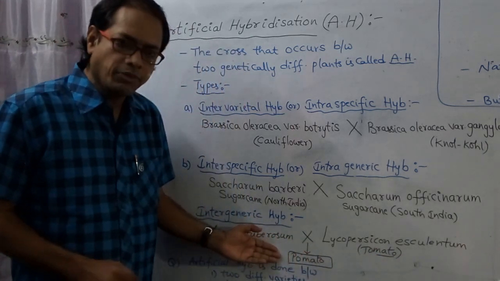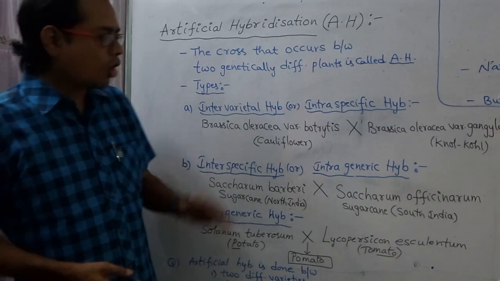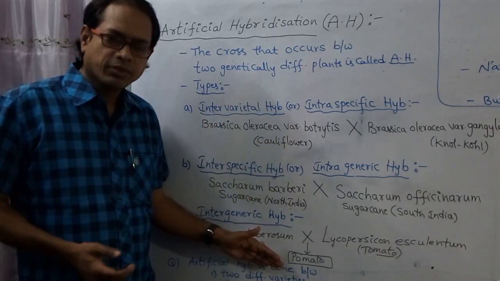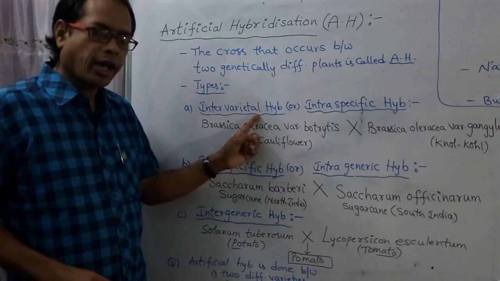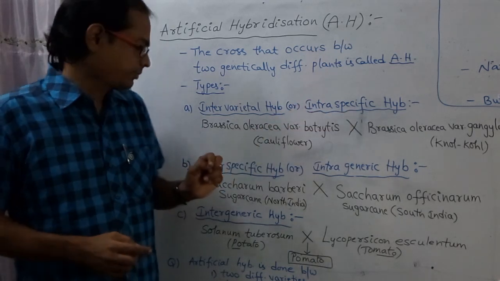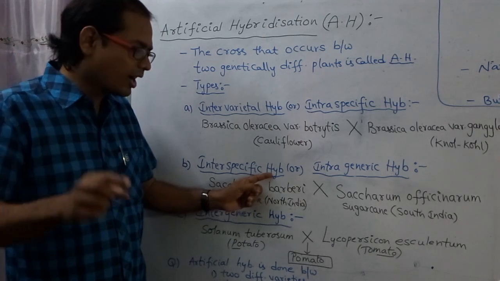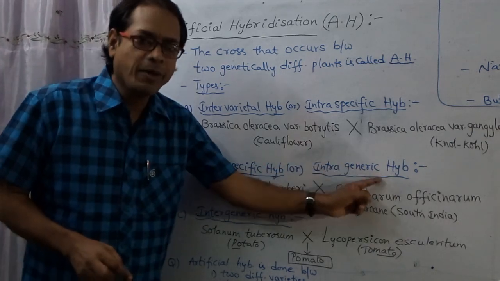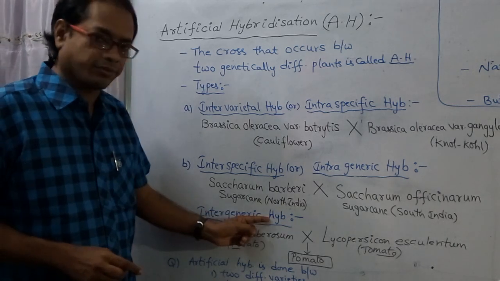The obtained hybrid is called pomato. Of course, it is a failure variety. So how many types of hybridizations are there? Three types. Intervarietal hybridization, also called intraspecific hybridization. Second one, interspecific hybridization, also called intrageneric hybridization. Third one, intergeneric hybridization.